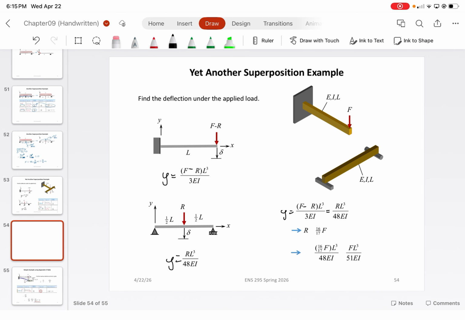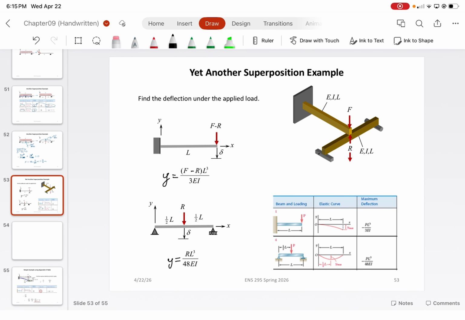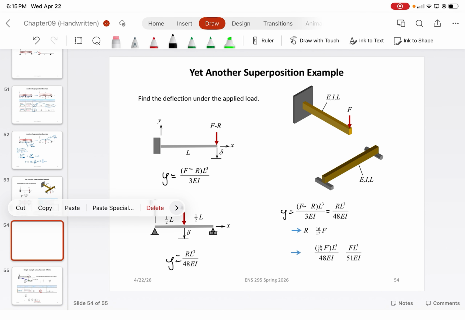Then we set those two deflections equal to each other, because that joint right here is shared between the two systems. When you apply the vertical force, the deformations are shared with one another because they're in contact. Then you can solve for R, which gives you 16 over 17 F.